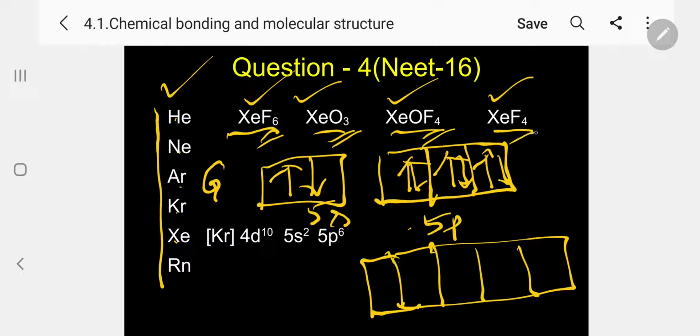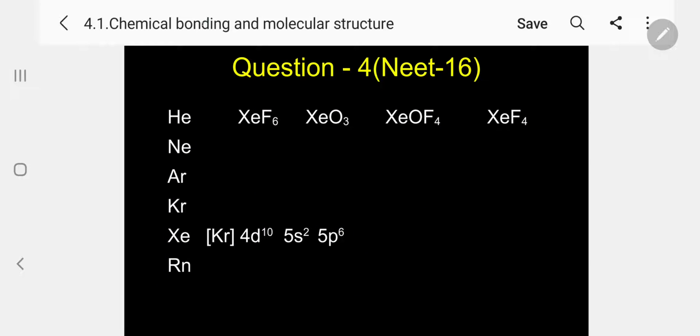That is the most important. Here 6 atoms are attached, so we need 6 unpaired electrons, but no unpaired electron is present. So we have to write it in such a way that we have 6 unpaired electrons. How will that come? Let me write it now for the first case, XeF6. Please follow.